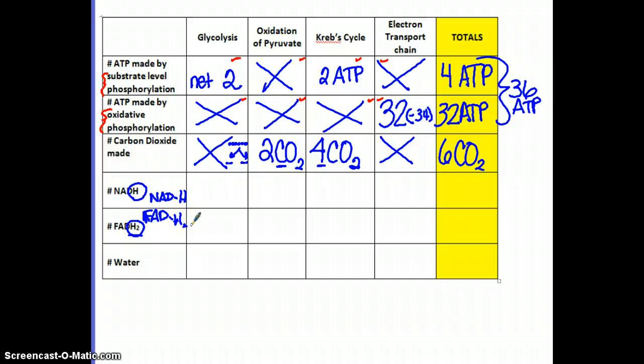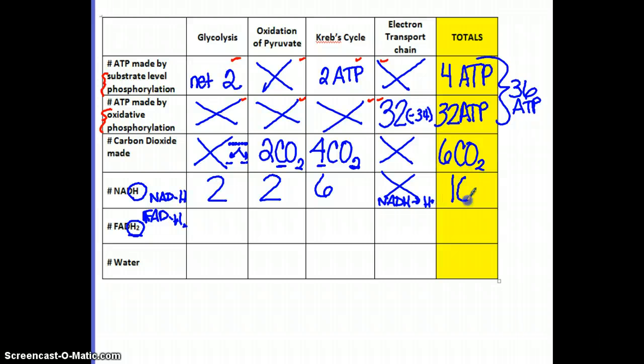All right, so where do these pick up the hydrogens? In glycolysis, we made 2 of these. Oxidation of pyruvate made 2 more, and the Krebs cycle makes 6. They're going to actually go back to being NADs again. They're going to get rid of their hydrogens when they get to the electron transport chain.